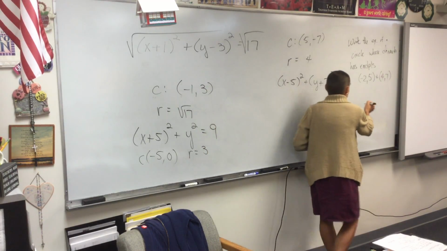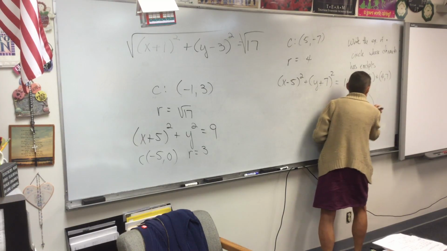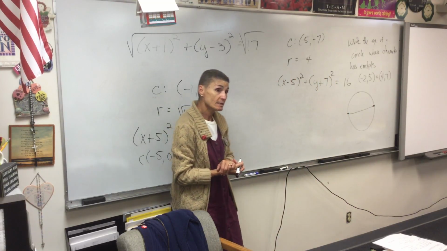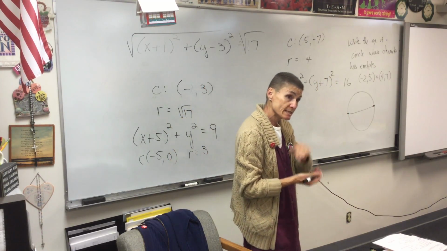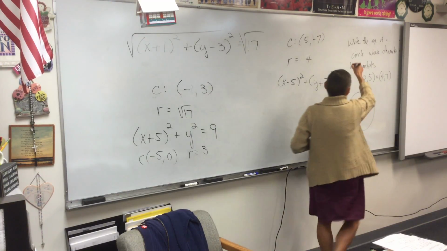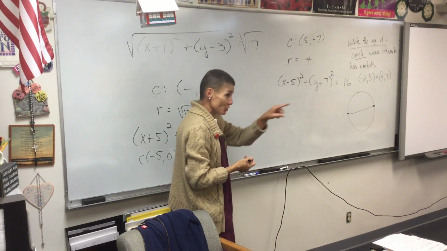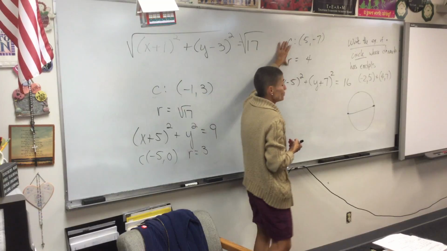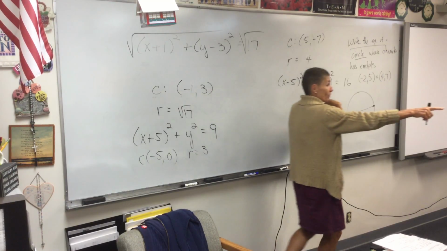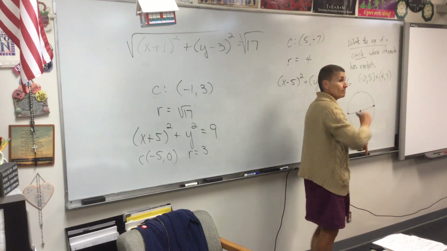Now, again, I did not give you the center and the radius. I gave you the endpoints of a diameter. Remember what a diameter is? It's the chord that goes through the center. Your job is to write the equation of the circle. You just told me that in order to do that, you need the center and the radius. So the suggestion from the audience here is, let's find the midpoint.